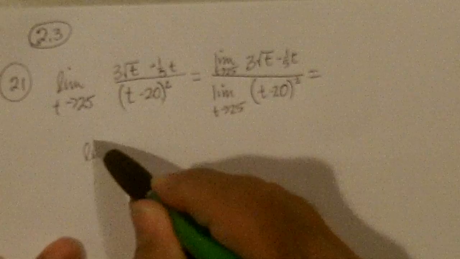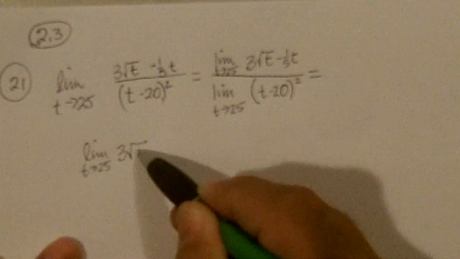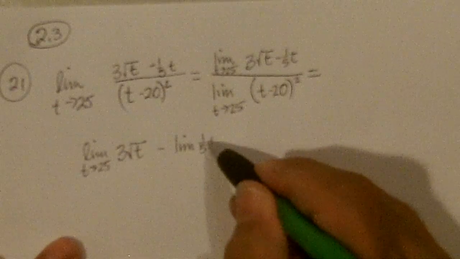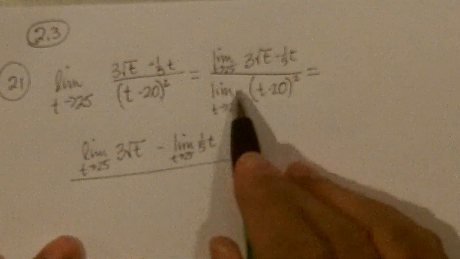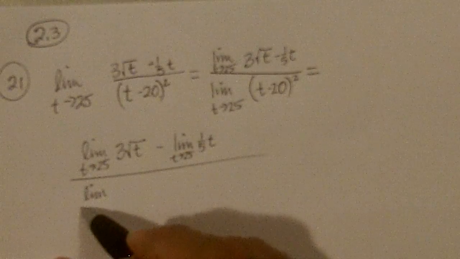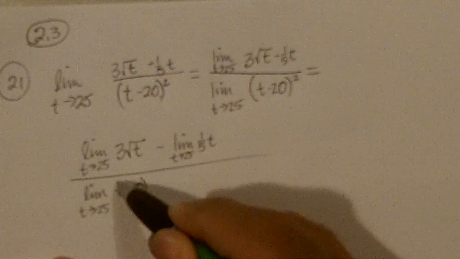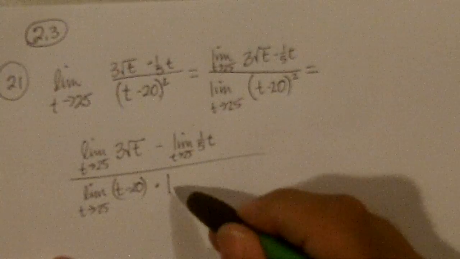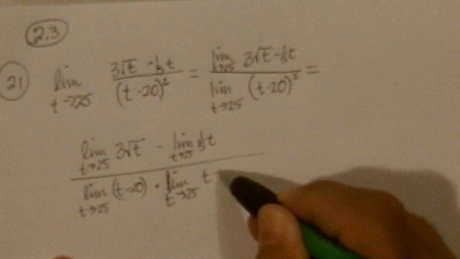So this would be the limit as t approaches 25 of 3 square root of t minus the limit of 1/5 t as t approaches 25, over, and this is a square, so that's a product, so we can call this the limit as t approaches 25 of t minus 20 times, so the limit of a product is the product, so we're going to multiply the limits, the limit as t approaches 25 of t minus 20.